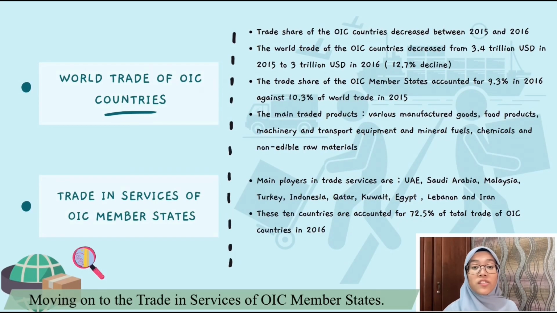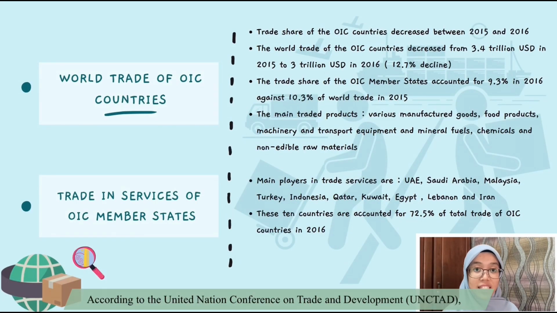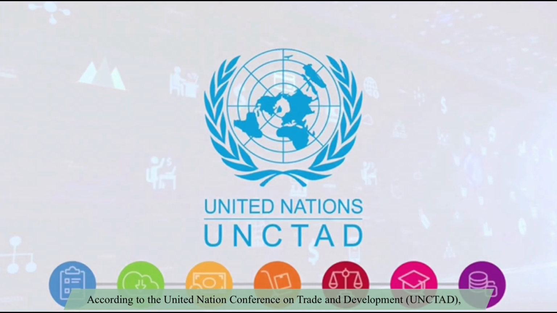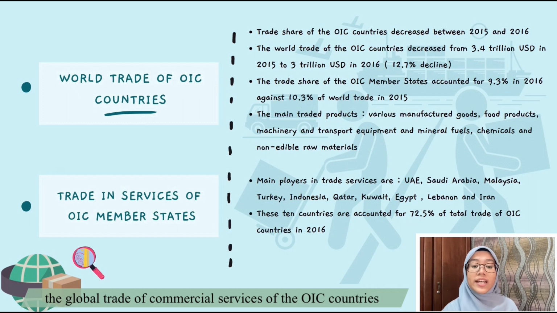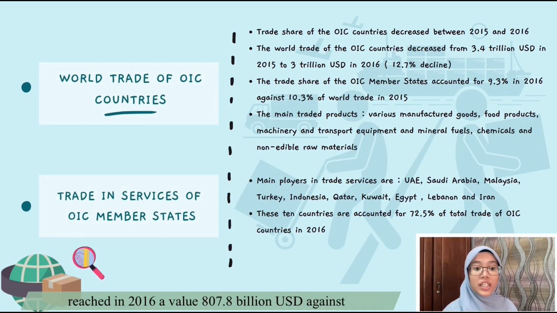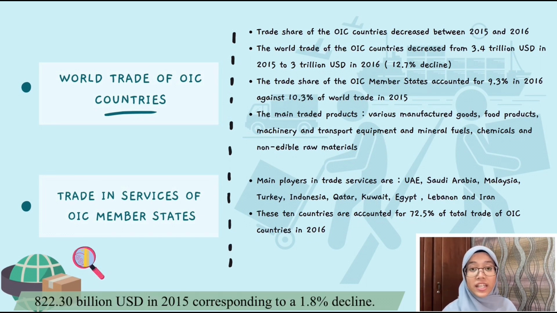Moving on to the trade in services of OIC member states. According to the United Nations Conference on Trade and Development data of October 2017, the global trade of commercial services of the OIC countries reached a value of 807.8 billion USD in 2016 against 822.30 billion USD in 2015, corresponding to a 1.8% decline.